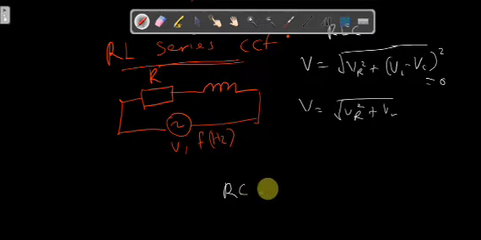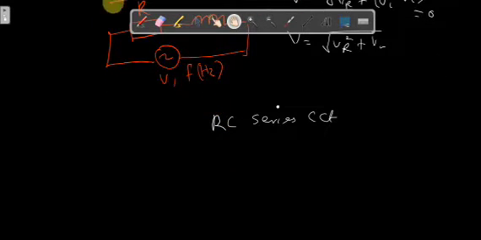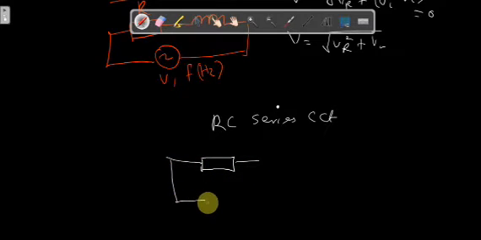For an RC series circuit, this is what you are going to have. It's going to look like this. So you're going to have a resistor and a capacitor.